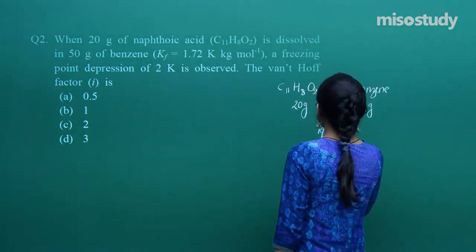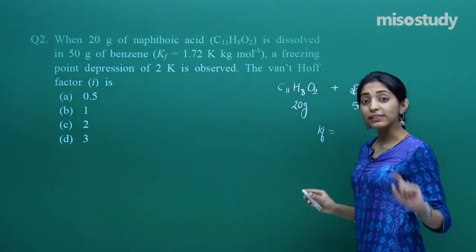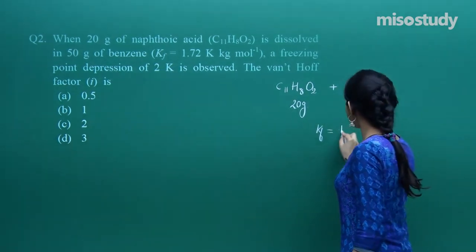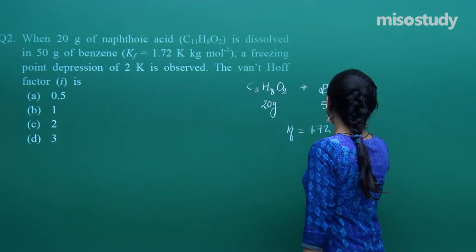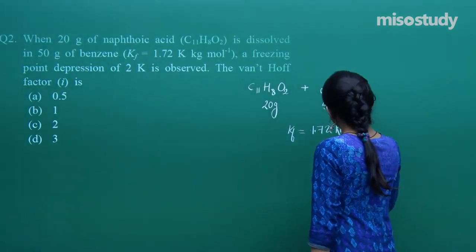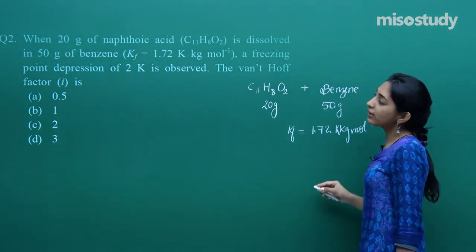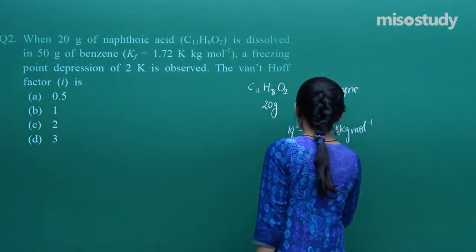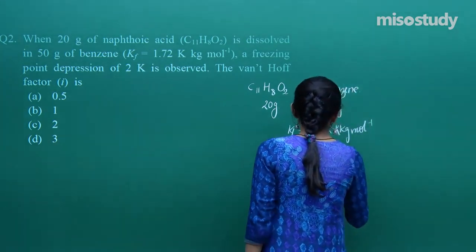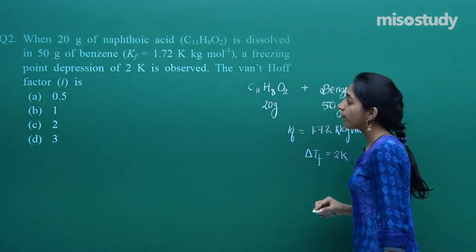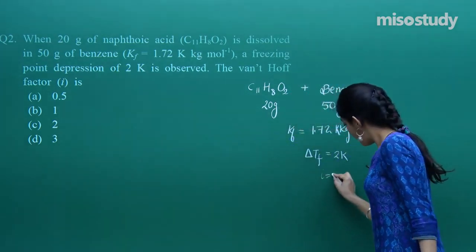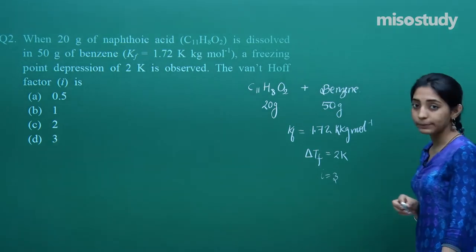Now see, the Kf is given to us for benzene because benzene is taken as the solvent here, and this is 1.72 Kelvin kg per mole. A freezing point depression, that means delta Tf, of 2 Kelvin will be obtained. So you need to tell me what should be the van't Hoff factor i.